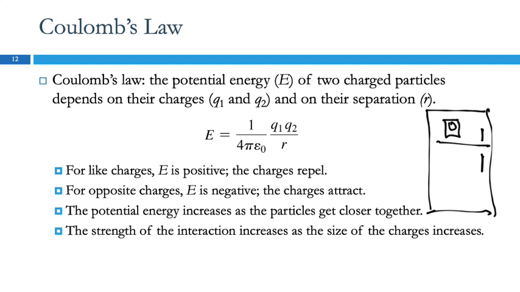Because it's stronger, because your Q here is larger. So with electrical charges, if the charges are larger, the attraction is larger. If the distance between them is shorter, the attraction is larger. Okay? And that's all we need to know about Coulomb's law.